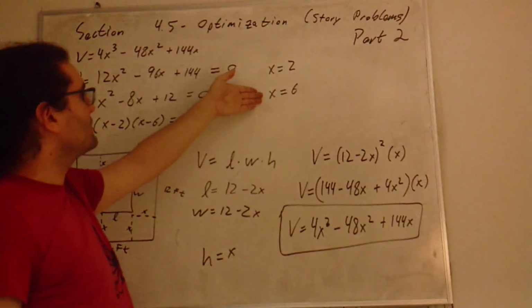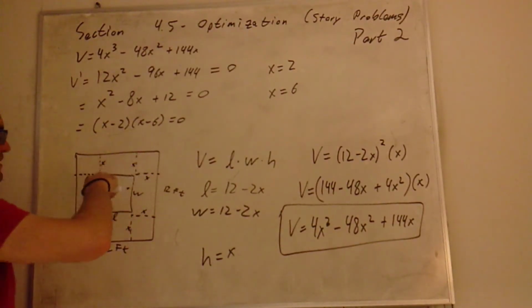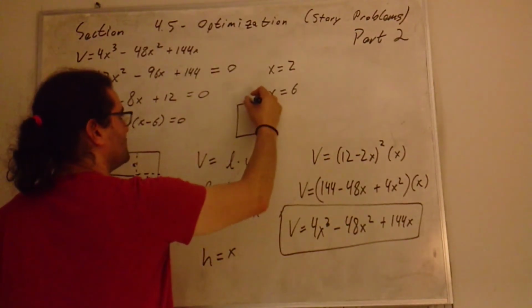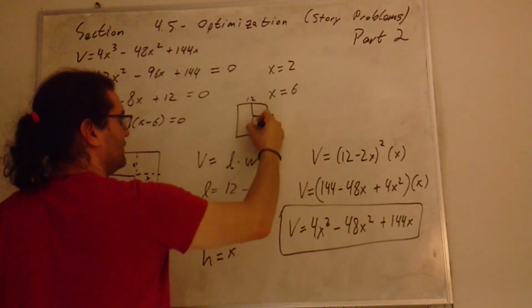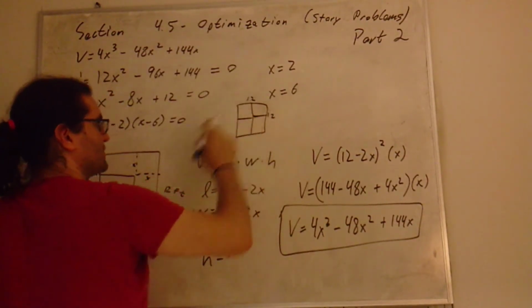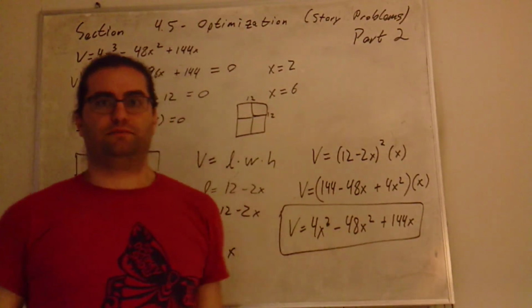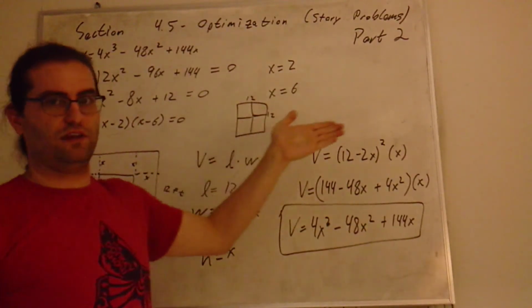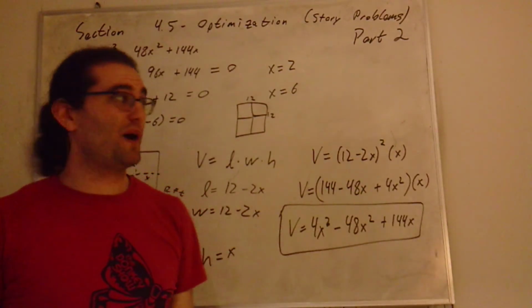If we cut squares of side length 6 out of this, if you start with a box that's 12 by 12, and you cut a 6 by 6 corner out here, you cut a 6 by 6 corner out here, and you cut a 6 by 6 corner out here, and a 6 by 6 corner out here, you have no box. You just cut your sheet of metal into 4 squares and then threw them all away, and now you don't have a box.